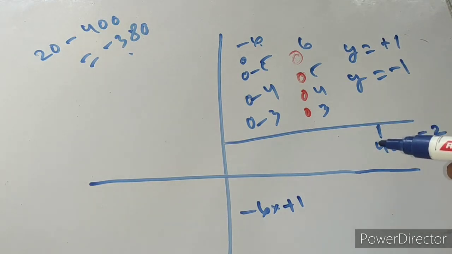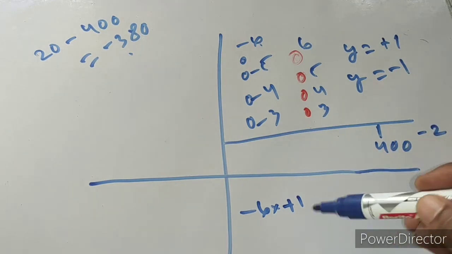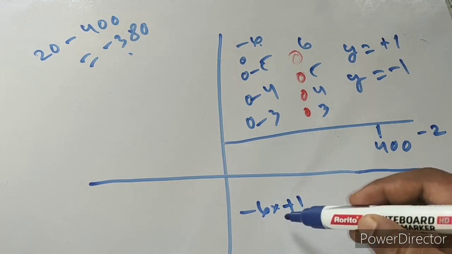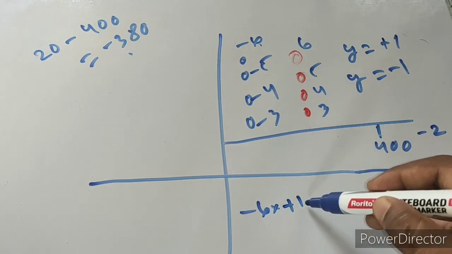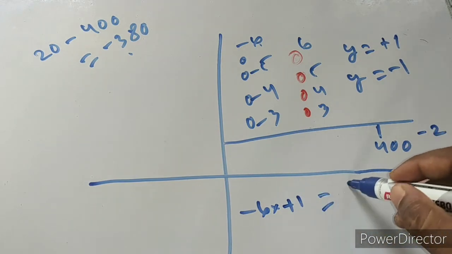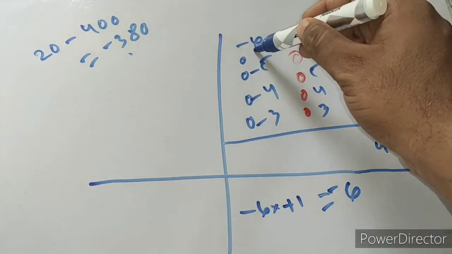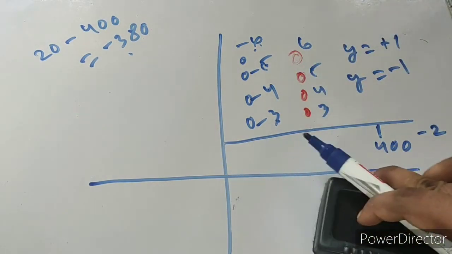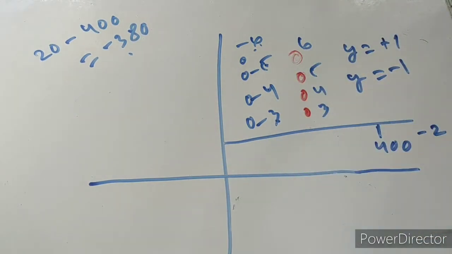That we are considering here. So if y is multiplied, plus y is plus 1, y is multiplied with minus 6, it turns into minus 6 again. So like that, minus 6, minus 5, minus 4, minus 3, those are above the line.